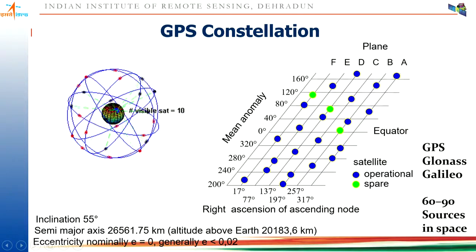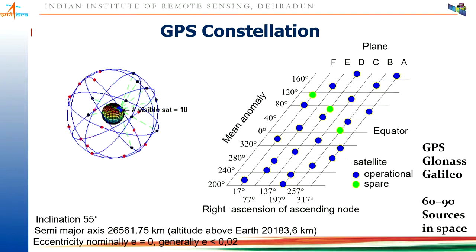So we know about the GPS constellation. We have around 24 satellites, plus some redundant satellites as well, with an inclination of around 55 degrees and a semi-major axis of 26,561. The satellite is orbiting in an elliptical path. Around the Earth it looks like a circular orbit, but it is not; it is an elliptical orbit.